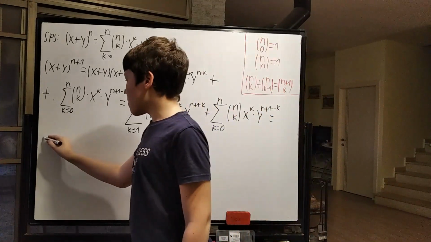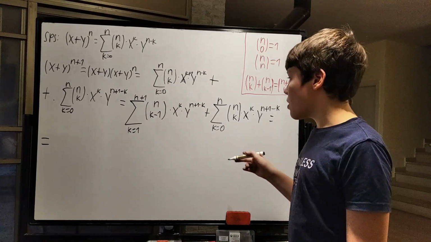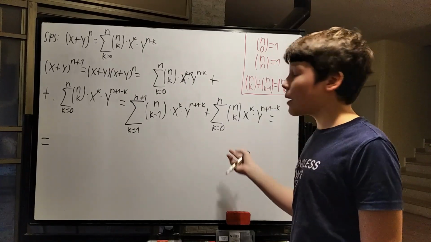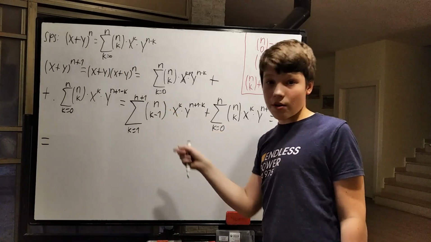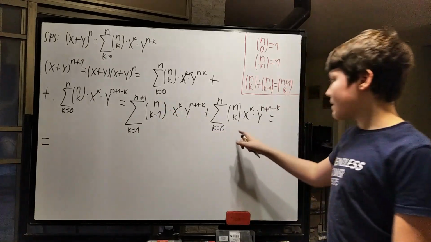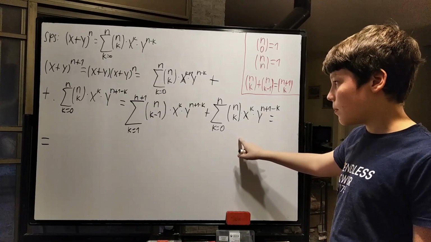Let's see what this is equal to. What we will do to combine the sums, take out here the n plus first term and take out here the 0th term.